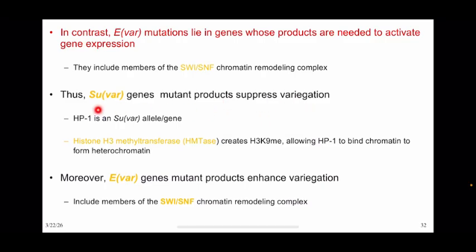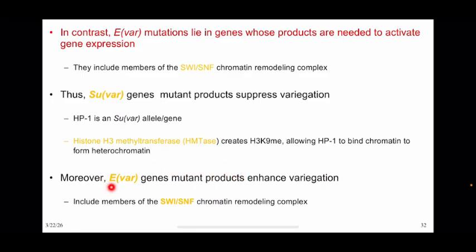Okay, so these mutant products are HP1. So HP1 is an SU allele or gene. Histone H3 methyltransferase creates methylation on K9, allowing the HP1 to bind. As we said, methylation mostly creates binding sites. So methylation on lysine 9 is going to create a binding site for HP1 to bind.